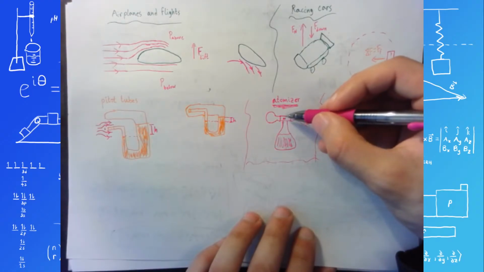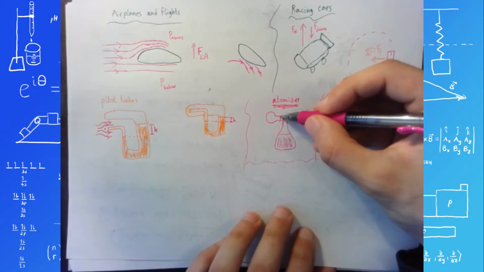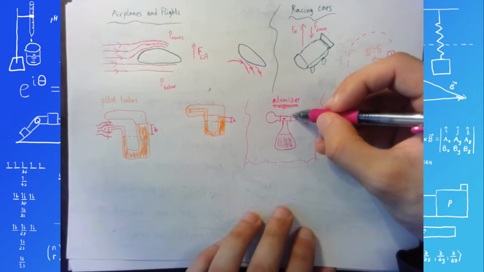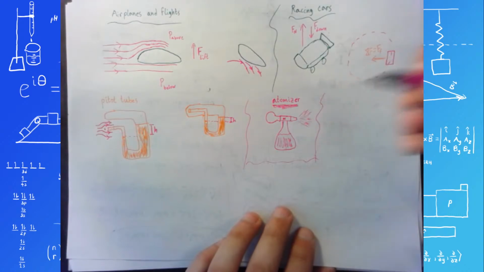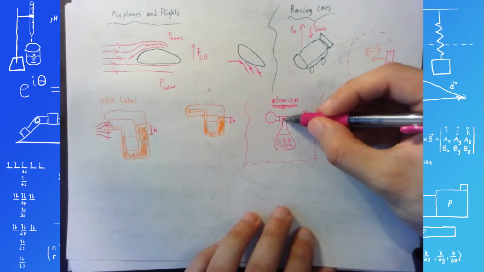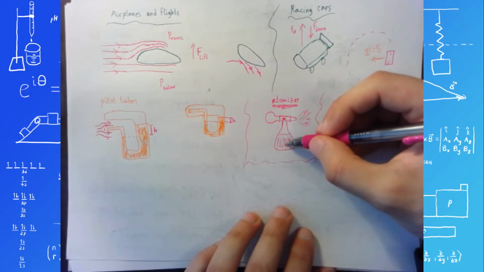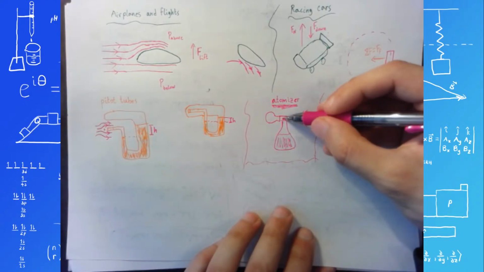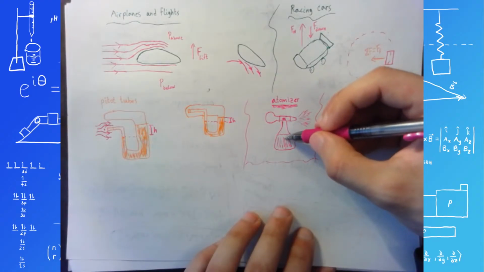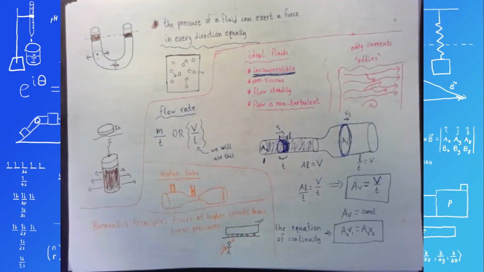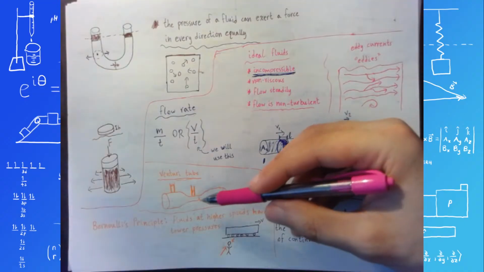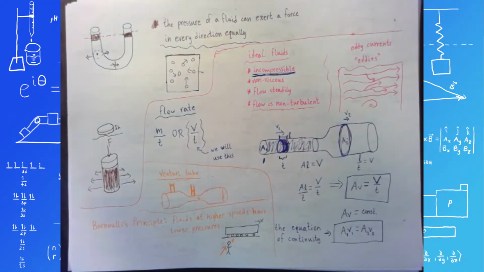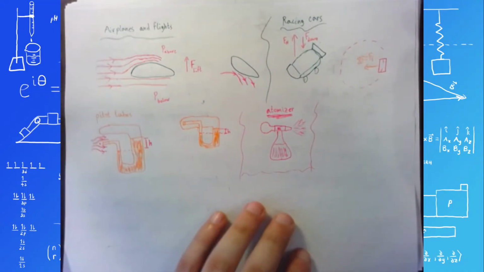But if you sliced one of these open, I believe what you would see is a wider tube going into a narrower one and then going back into a wider one, where the narrow part is above where the rest of the fluid sits, in order to get that maximum speed, in order to get that maximum pressure difference to make this stuff go up. But yeah, we will look at a problem involving one of these things later. I know I had one in the book that I wanted to do.